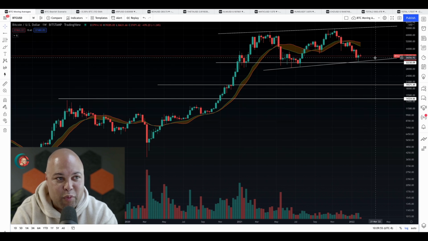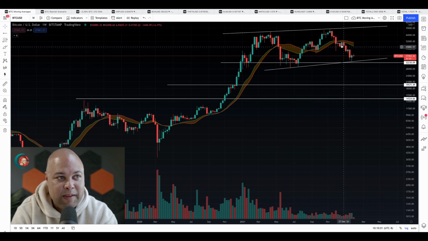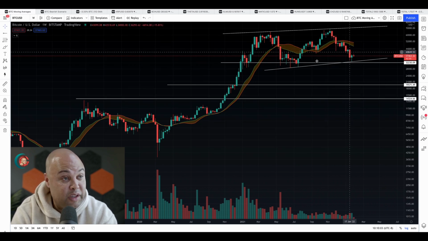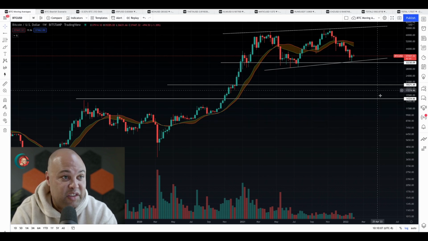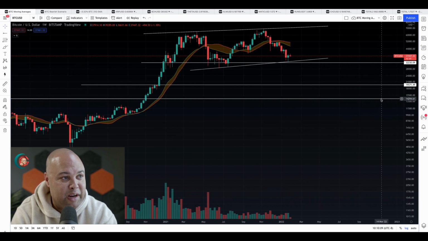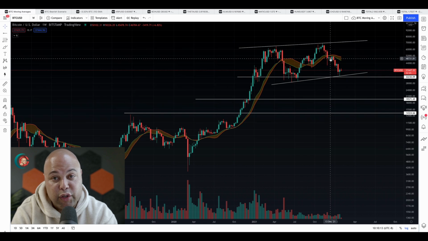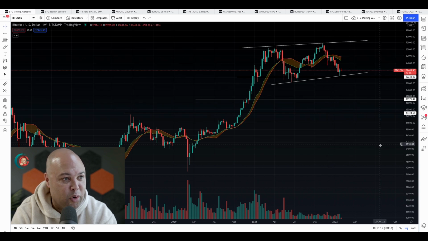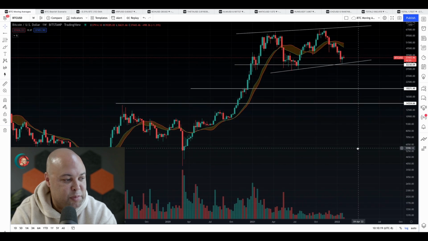So if we get above 51,000 and establish support there, the bull run continues. As long as we're beneath this, the bull run is on pause. And actually, Benjamin Cowen would say that this is the definition of a bear market. For him, a bear market is defined as anytime we close beneath the bull market support band. So now it's a bear market resistance band, Benjamin Cowen would say.